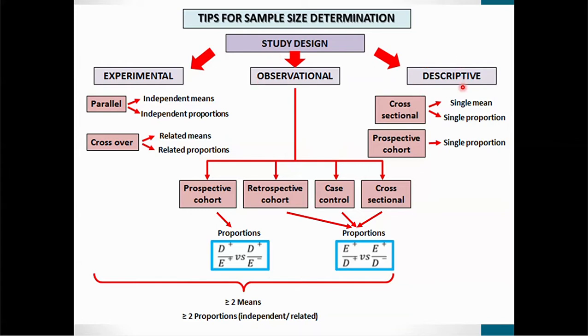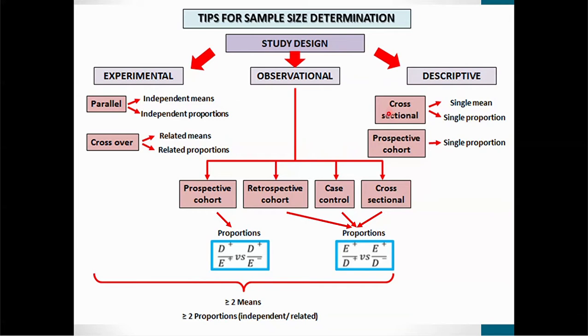If we see the descriptive one first. Remember descriptive, we are looking for the prevalence and also incidence, right? Cross-sectional study, and if let's say incidence, a prospective cohort. Descriptive can also be, for example, you want to determine the mean cholesterol level or the mean radiation of those who are exposed to CT scan.